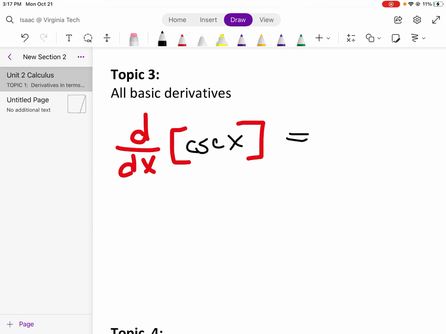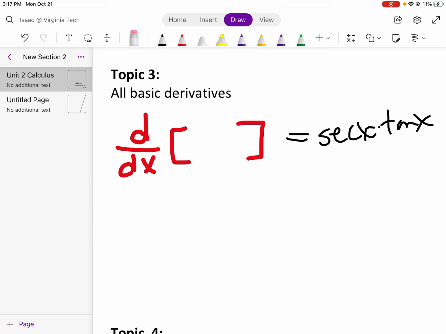This is very strange to some people, but it's actually going to be negative cosecant x times cotangent of x. That's just the way that it works. Don't forget the negative. And I'll tell you a little cheat in a second. The derivative of secant of x is secant x times tangent x.